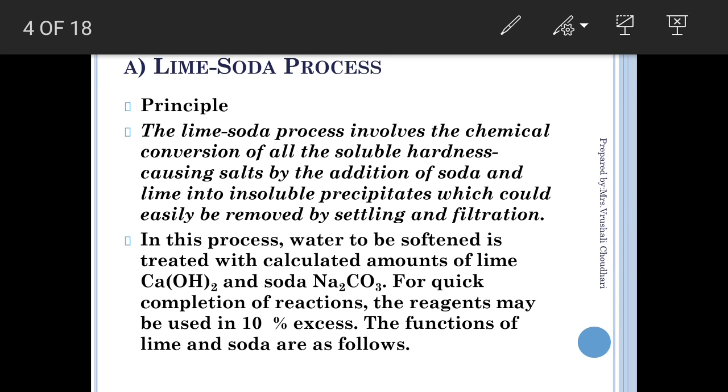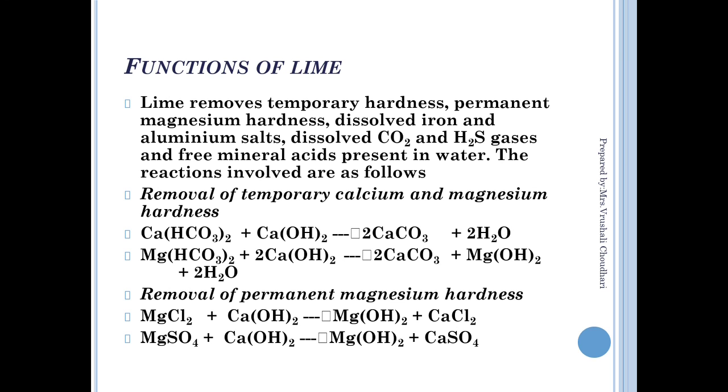When we add lime and soda, they react with calcium carbonate, bicarbonate, calcium chloride, and magnesium chloride, and convert them into an insoluble precipitate. What is the function of lime? Lime removes temporary hardness as well as permanent hardness, magnesium hardness, dissolved iron, aluminum salts, dissolved carbon dioxide, H2S gas, and the mineral acids present in the water.